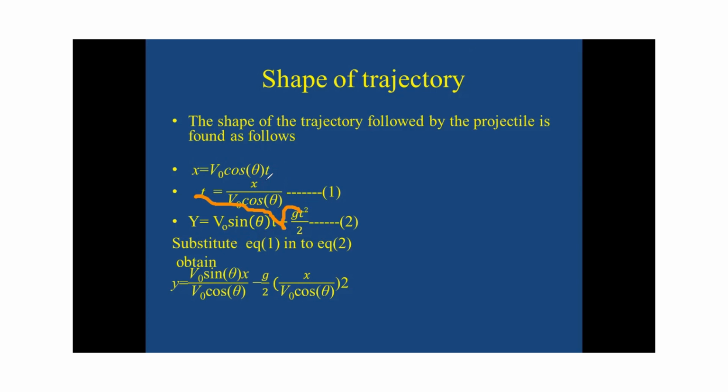The projectile motion is two-dimensional motion with common variable t. The time in the horizontal equals the time in the vertical.